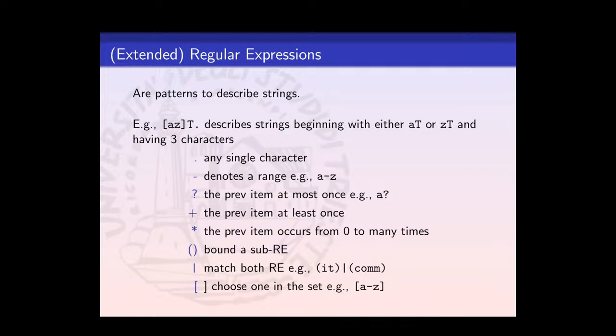So with that syntax we are saying take any character among A and Z, and after that set take a capital T. And then after the capital T you may have any possible character. So the set defined by that pattern contains, again, either AT or ZT as the initial part of the string, with three characters in total.